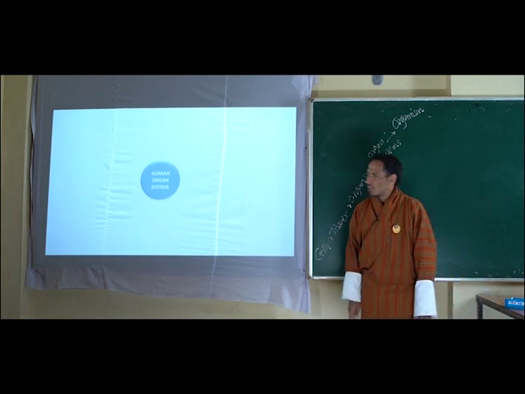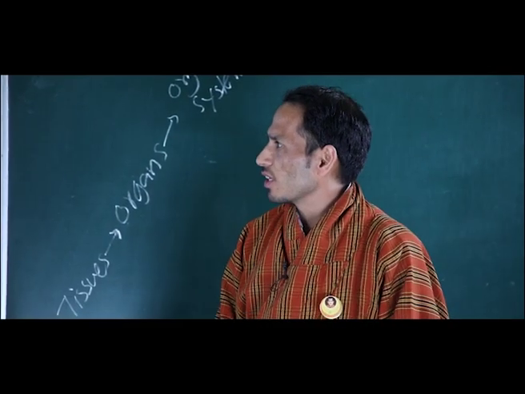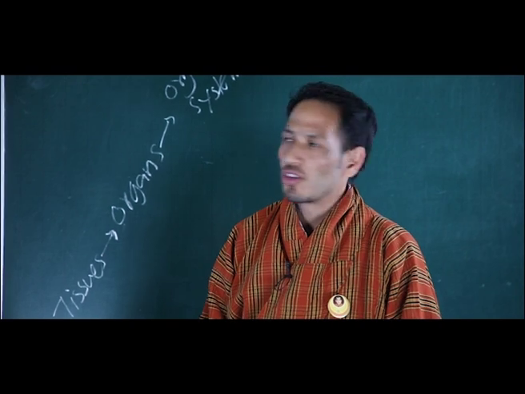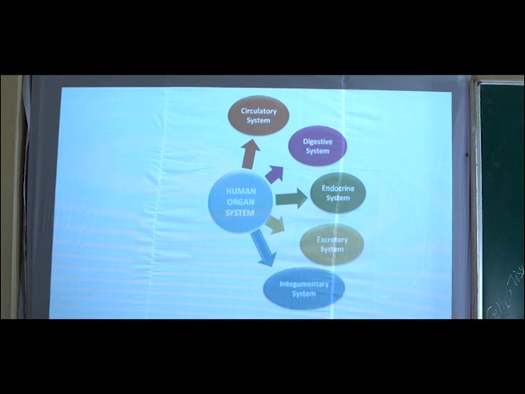Now let us recap and see the 10 organ systems of the human body. First, the circulatory system. Second, we have the digestive system. Third, we have the endocrine system. Fourth, the excretory system. Fifth, the integumentary system.